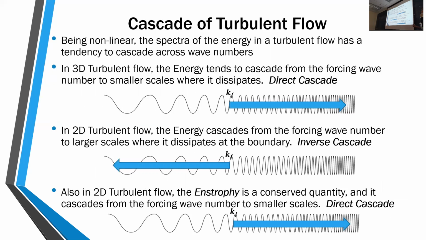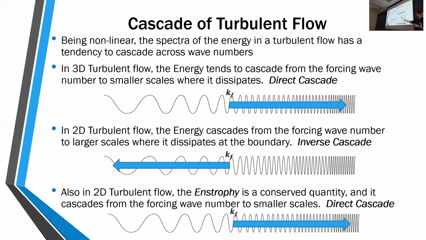Okay, so this was also new to me. So I'll throw it up there. Not new to anybody else, but the idea of turbulent flow, the energy cascades of turbulent flow. So up here you have 3D turbulent flow. Since it's nonlinear, the energy cascades in the direct cascade, so it goes to the smaller scales, larger wave numbers, whatever you want to look at it.